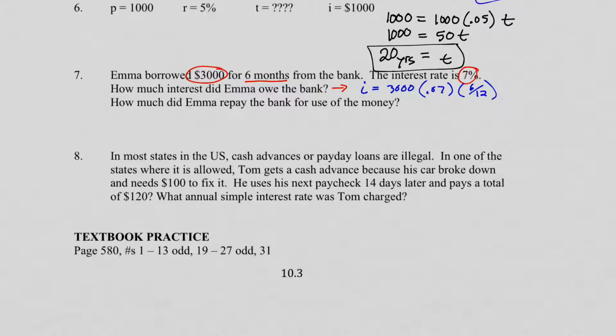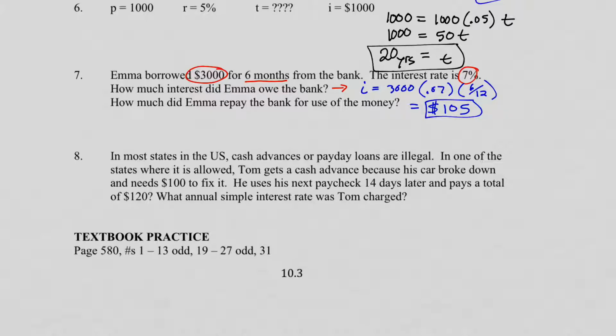Okay, so you can definitely use 0.5 if you want, and we get $105. Okay, so half of a year, this is the cost of borrowing, $105.